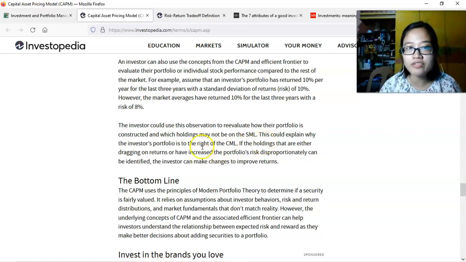This will explain why the investor's portfolio is to the right of the CML. If the holdings that are either dragging on returns or have increased the portfolio's risk disproportionately can be identified, the investor can make changes to improve returns. So yun nga, yung mga underperforming na investments in your portfolio could be removed or replaced kapag na-identify mo ng maayos kung alin bang investments yung ganon. Yung underperforming compared to the benchmark or the market.